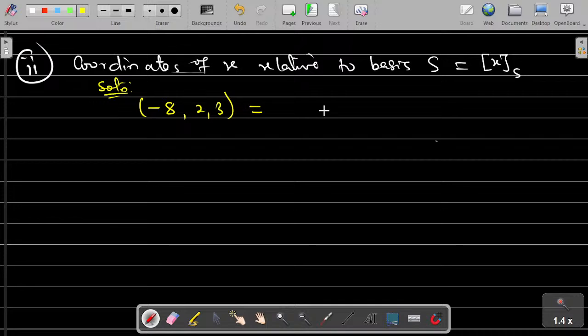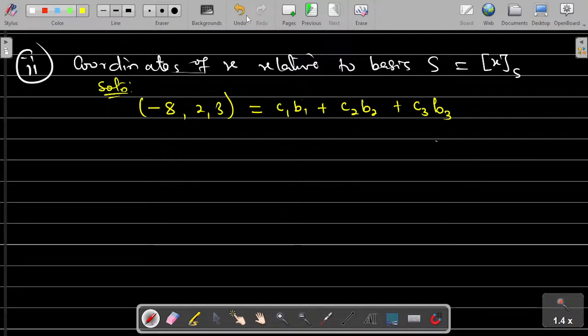So when you are able to get it, the coefficients that you've gotten, which are your c1, c2, c3, you now put in a column vector. If you do that, that is the coordinate vector you are looking for, or the coordinate of x relative to that basis. Okay, so in other words, we want to express this as c1b1 plus c2b2 and then plus c3b3. So we want to get the values of c1, c2 and c3 that are going to give us this x.